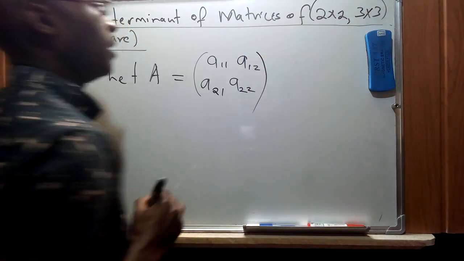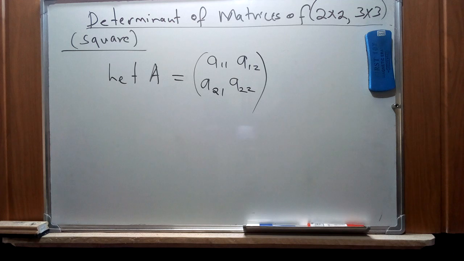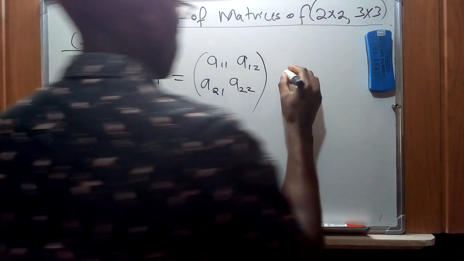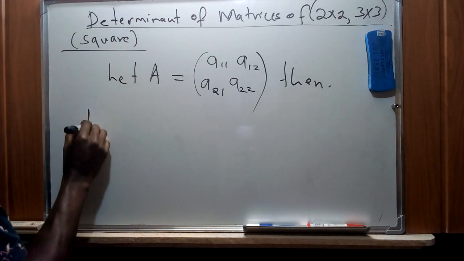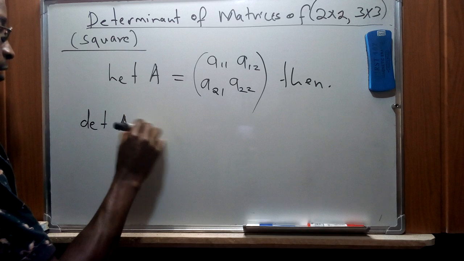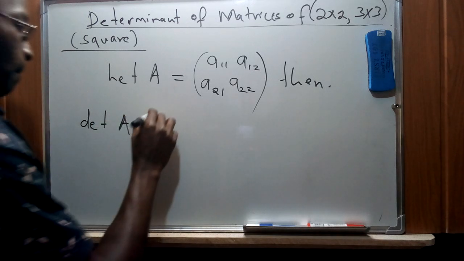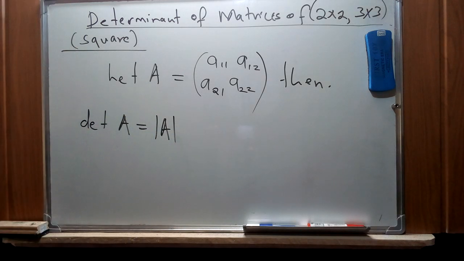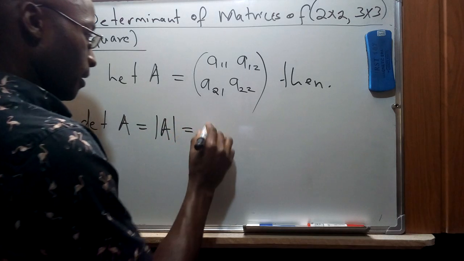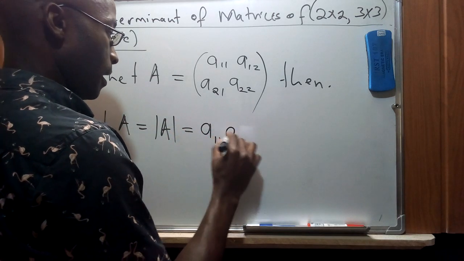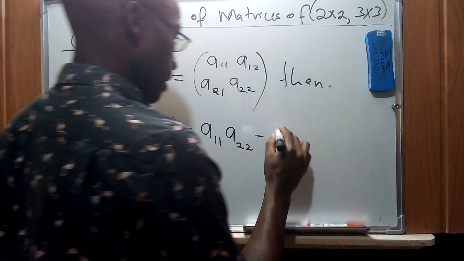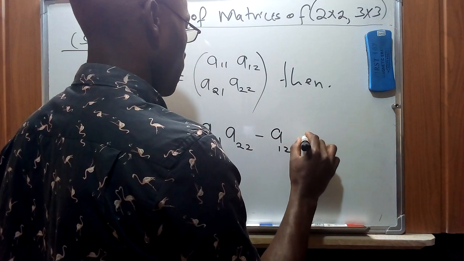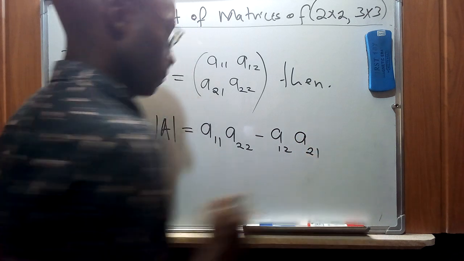That's how we generally represent that matrix. Then the determinant of A is given as a 1 1 times a 2 2, minus a 1 2 times a 2 1.